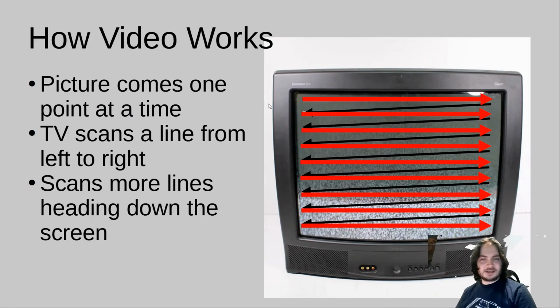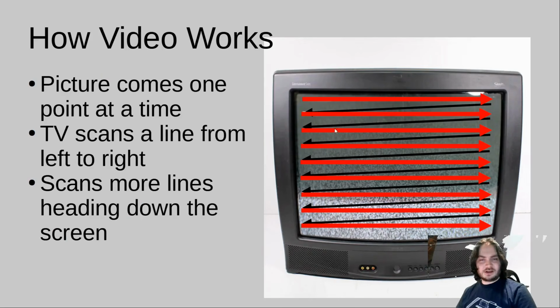Well, as many people watching might already know, but just to cover our bases, the picture on a TV is actually scanning from left to right, and then it goes down and all the way down till it hits the bottom of the screen.